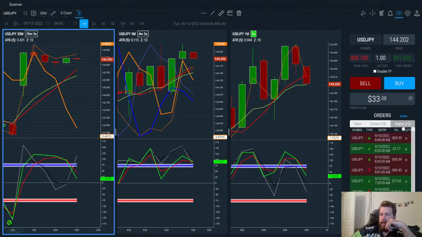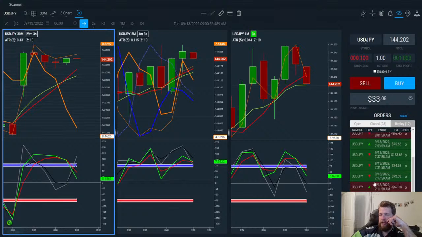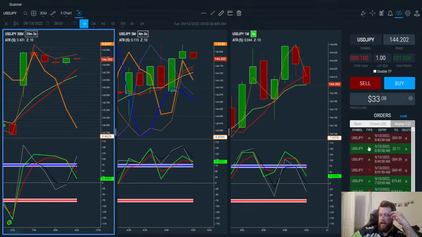So 12 trades, 58% win rate, and a total gain of $33, which is by no means the best result I've had trading like this. But when you get in these ranges, that definitely makes it tough.